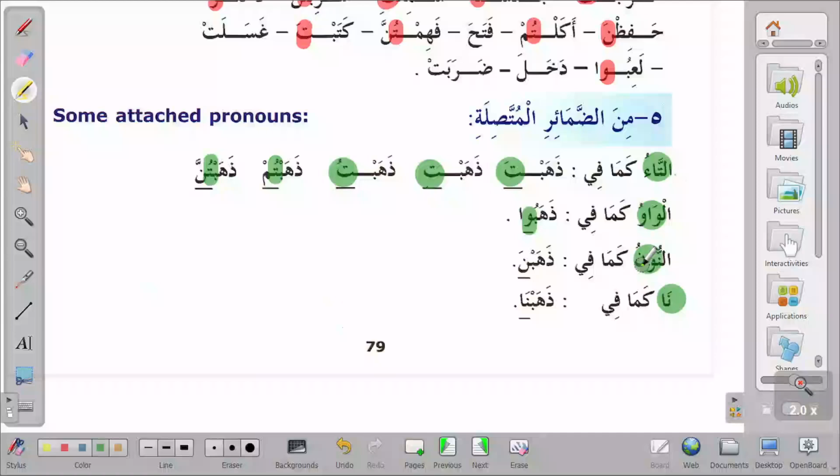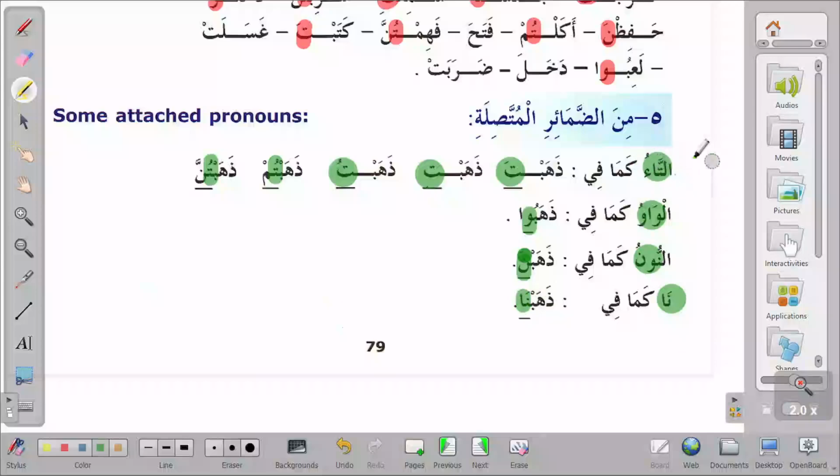So when can we have noon as the doer? Like zahabna, they went, feminine plural. Then na, we can also have na, zahabna, we went.